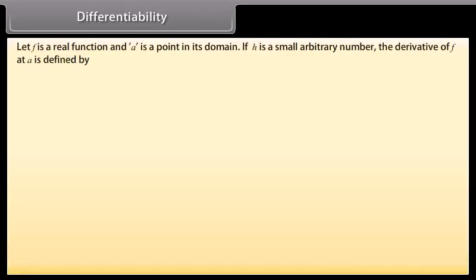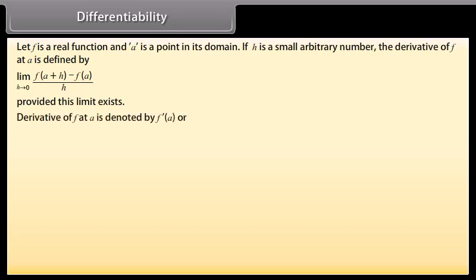Differentiability. Let f be a real function and a a point in its domain. If h is a small arbitrary number, the derivative of f at a is defined by the limit as h approaches 0 of (f(a + h) − f(a))/h, provided this limit exists.